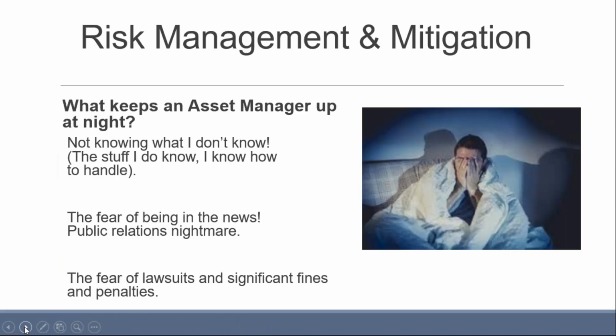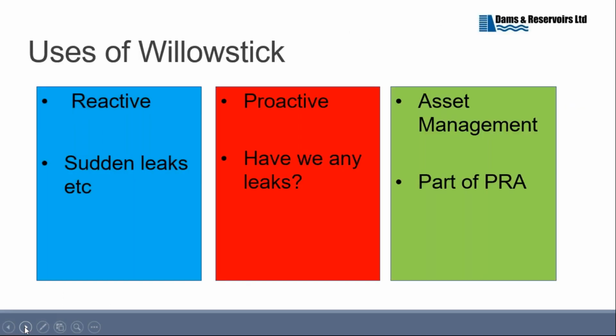And one of the big issues, as we'll see when I talk more about risk assessment, is that you take out of the equation all your concerns about leakage, about internal erosion, and the uncertainty associated with that element of probability of failure, because you really do have a true understanding of how your dam is behaving.